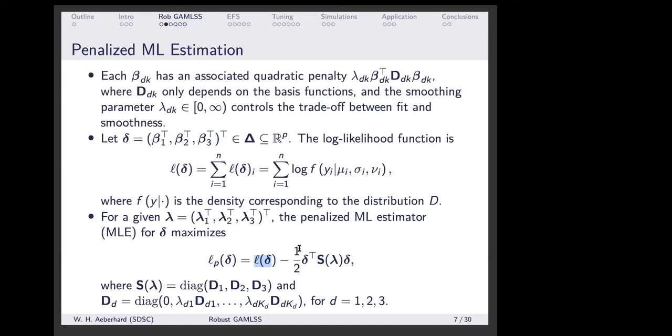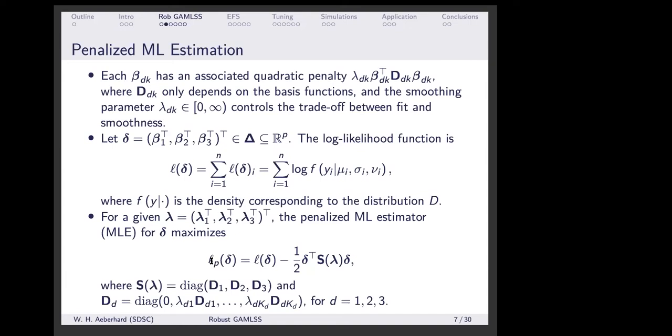And the quadratic penalty, the ridge penalty with this S matrix here, S of lambda, which is block diagonal, and each of the blocks being themselves block diagonal typically, and typically linear functions of the lambdas. They appear directly as linear functions in each of these elements. So these two ingredients taken together form the penalized likelihood function, which you would typically maximize in the traditional estimating framework.